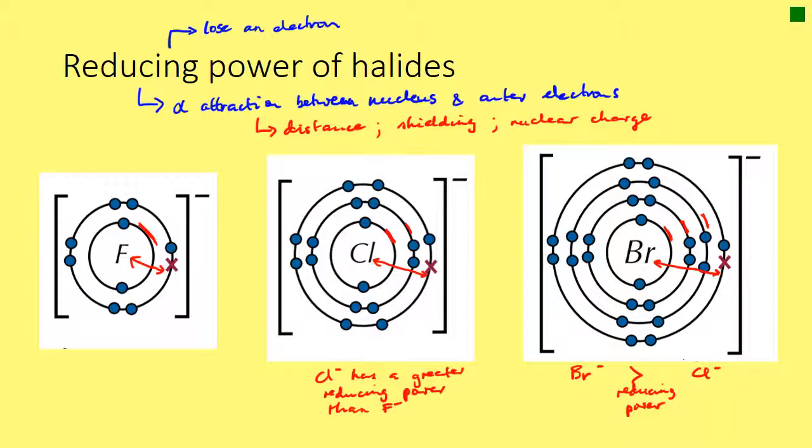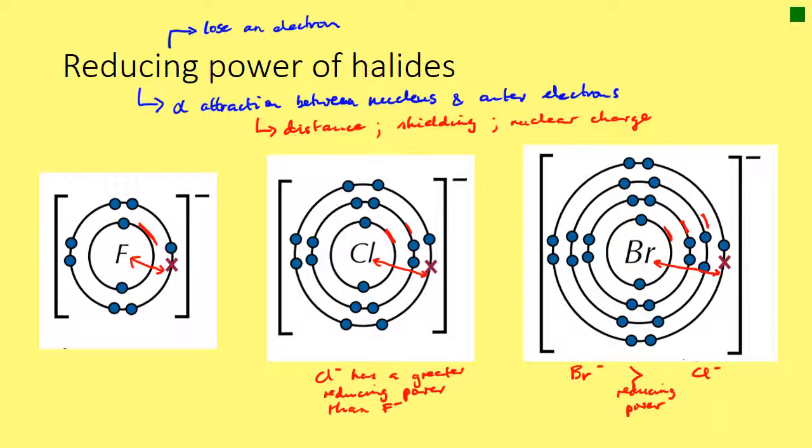The shielding now is not only by the inner 1s shell, but also the second shell of electrons, so that will further reduce the attraction of the outer electrons to the nucleus. However, the nuclear charge is larger, and so that will increase the attraction, but not as much as the previous two factors have decreased it.